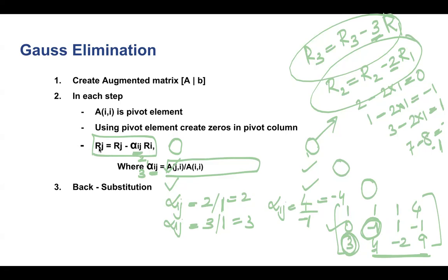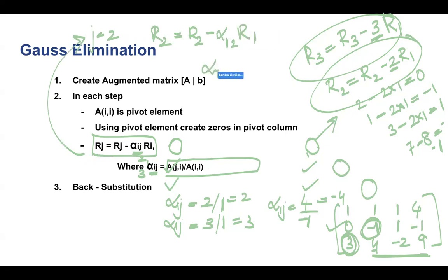So here, this is R2. So alpha_ij, we will always divide by A11, A22, A33, yes. We'll be dividing it by the corresponding pivot elements, basically corresponding diagonal entries. So if I take j is equal to 2, R2 is equal to R2 minus alpha_12 times R1.